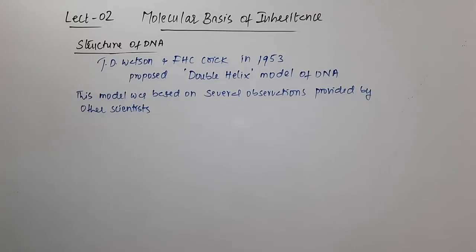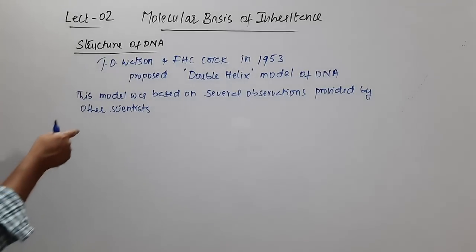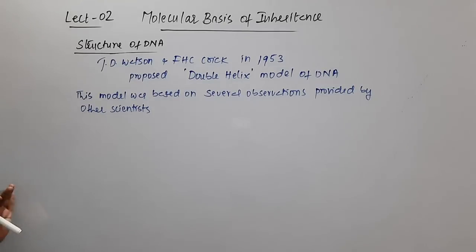They took the data, and they came to a conclusion that the DNA exists in this double helix model. So who are those scientists? Those observations made them conclude that the DNA molecule exists in the double helix model.